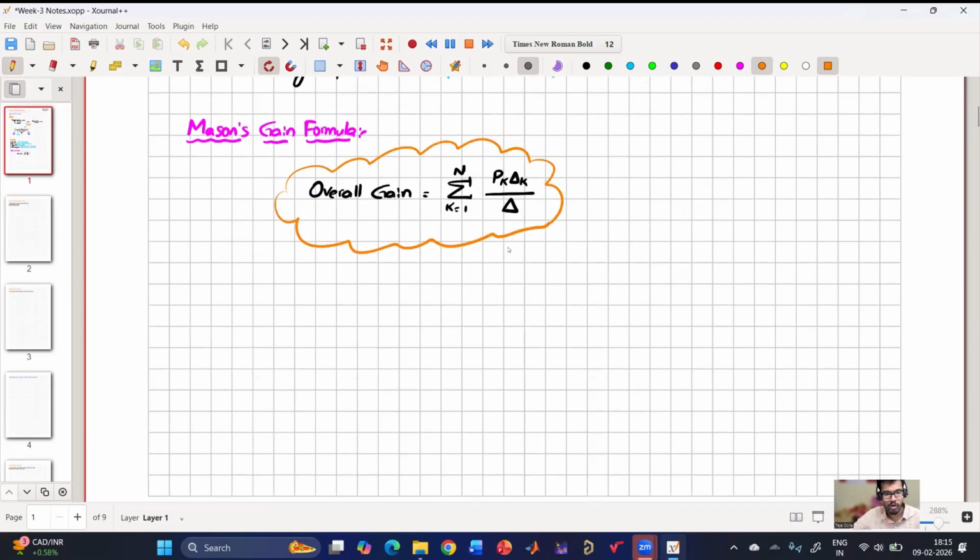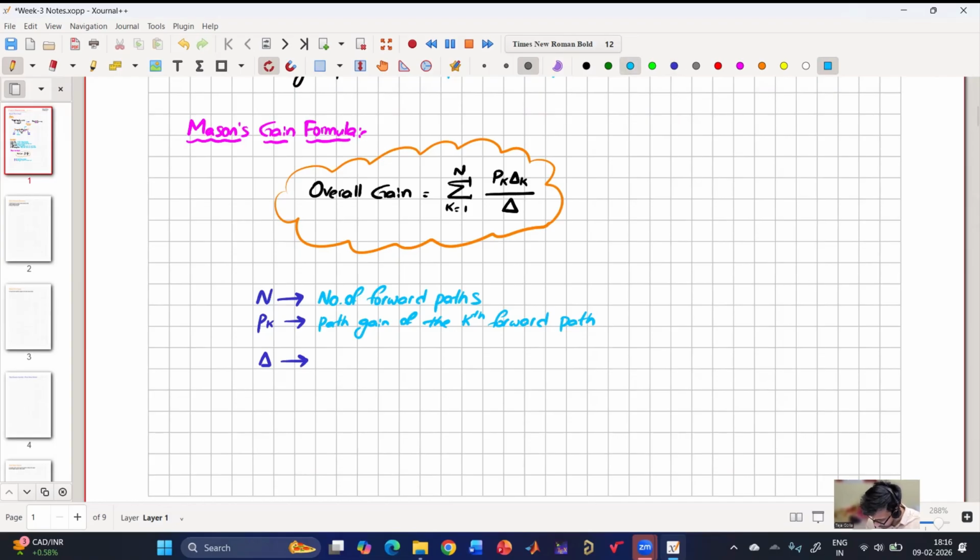Here n is the number of forward paths, and P k is the path gain of the kth forward path. And then delta is called determinant, and delta is very crucial.